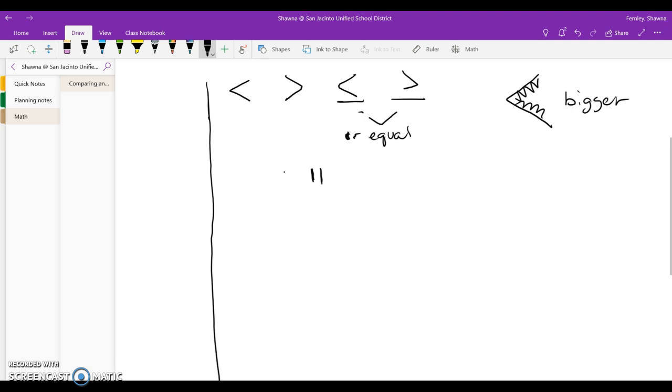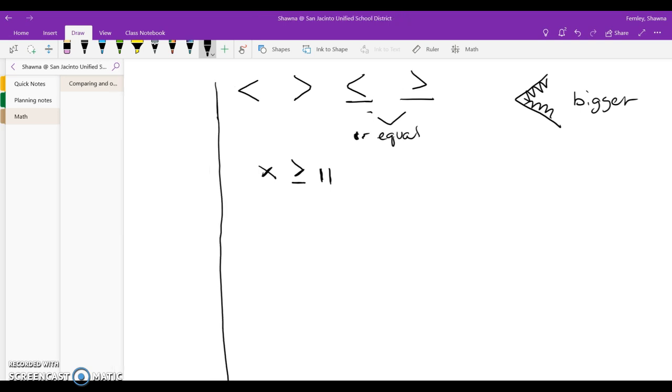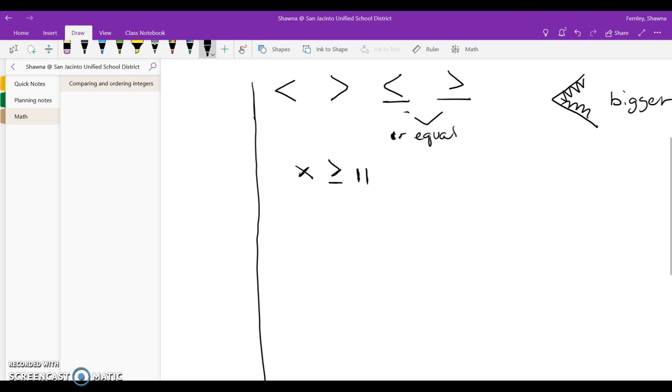So it's going to be greater than or equal to 11. Some kids are 12, not really anybody who's 13, but it's possible. All right, so those are the symbols and what they mean.